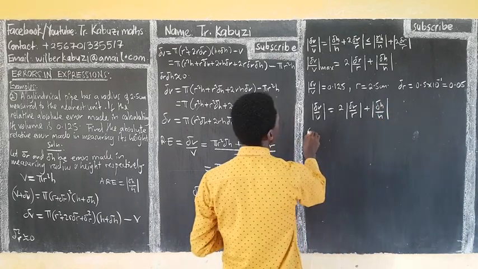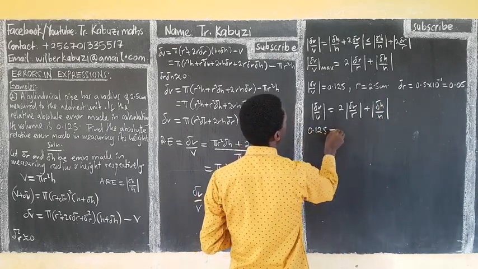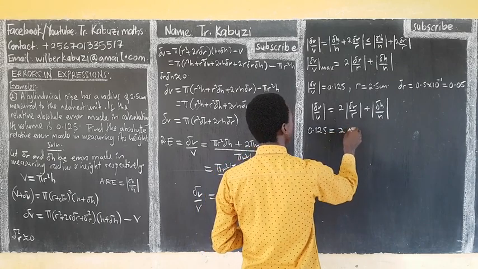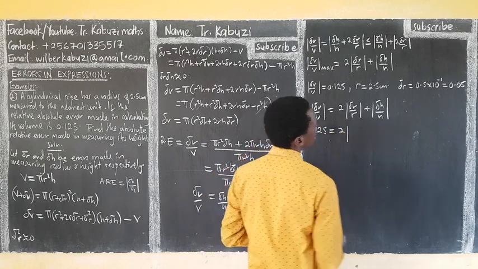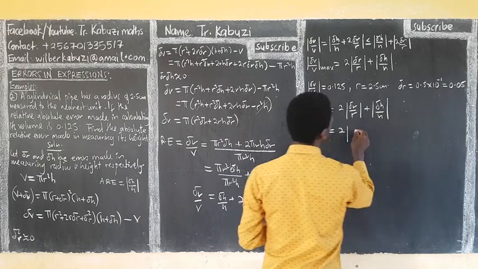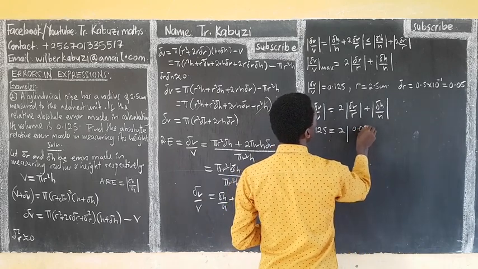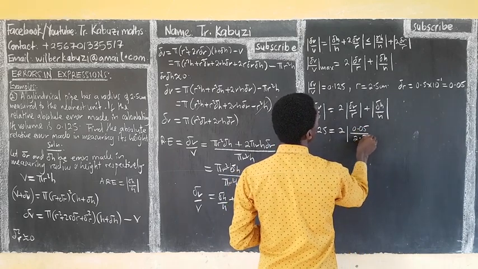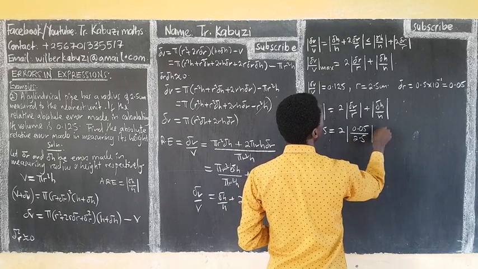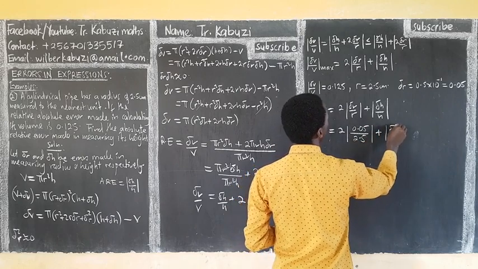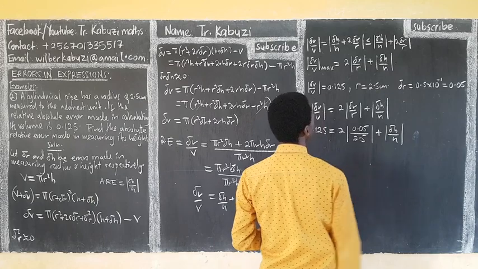So we have 0.125 equaling 2 times 0.05 over 2.5, then plus, this is what we are looking for, the absolute error of h over h.